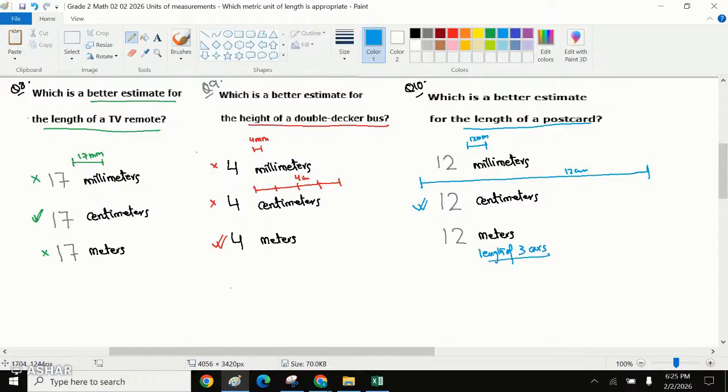That's too much, right? So a better measure is centimeters. You cannot post a card that is the length of 3 cars. It should be not very microscopic, but something like a small piece of paper. That is 12 centimeters. Centimeters is the correct estimate.